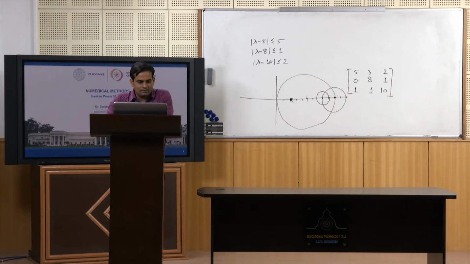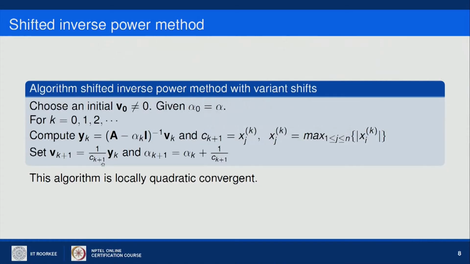Then you set your v(k+1) as 1 upon c(k+1) into yk, and at the same time you update your alpha: alpha(k+1) is alpha k plus 1 upon c(k+1). This method is locally quadratic, having second order convergence locally.